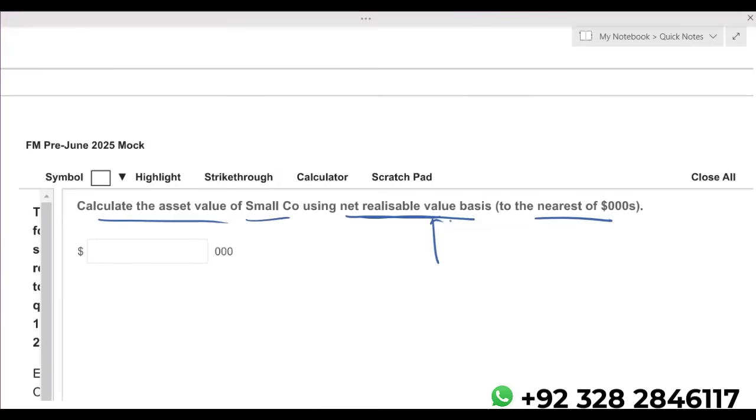But normally we use net realizable values when the going concern assumption is not valid. So how can you get even a single penny against the goodwill? Simply, if your examiner says calculate asset value of a company using net realizable values, then you have to ignore goodwill.